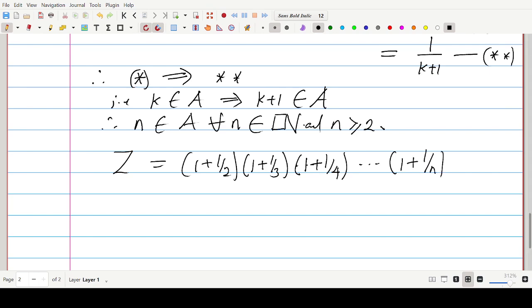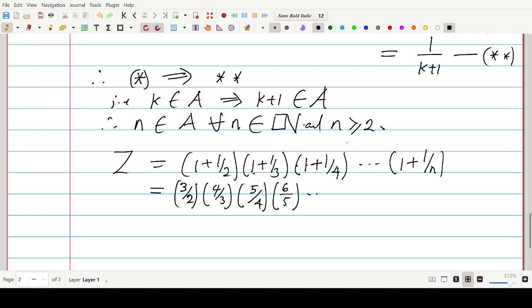All right. Now, on simplifying this one here, we have 3 over 2. Can you see that? The same thing, this we have 4 over 3. Then this we have 5 over 4. So note that the next term will be 6 over 5.